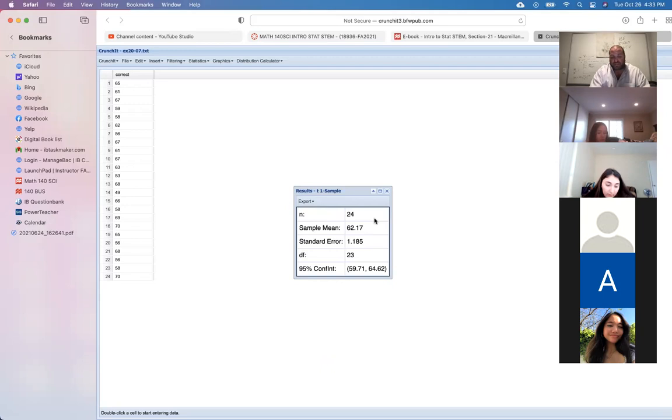What am I going to put as S? Would it be the 1.185? Well, remember, 1.185 is not S. Do we have to calculate it again? Because I don't think it's there. We do have to calculate it. The question is, what's the calculation?